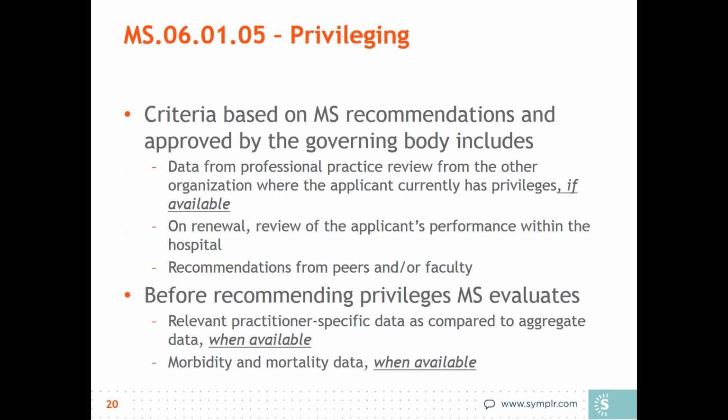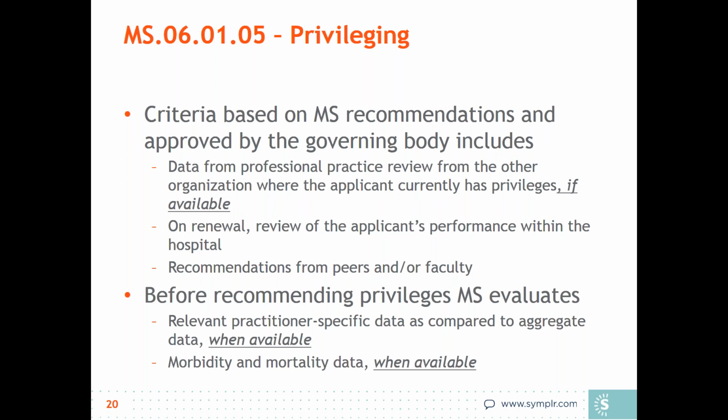So in order to get that data, we need to have the type of letter that we addressed earlier of, you have to fill out our form, and we want to have a copy of the privilege form and a listing of the procedures that they've done and any outcomes if you have those. So what we're doing is we're getting that information from them. You don't know if it's available unless you ask for it, right?